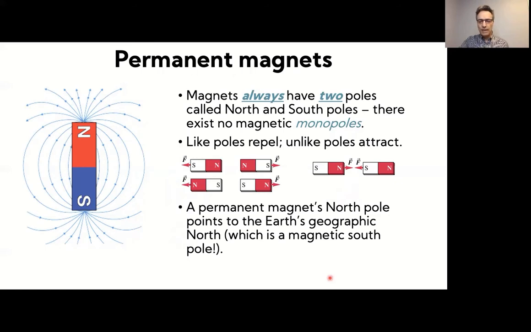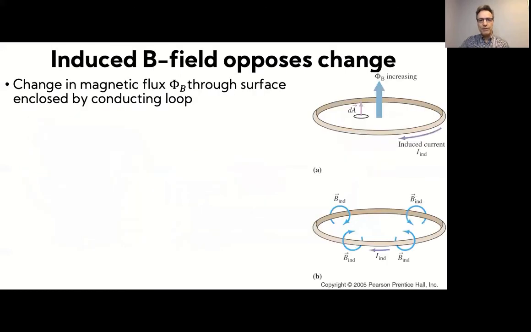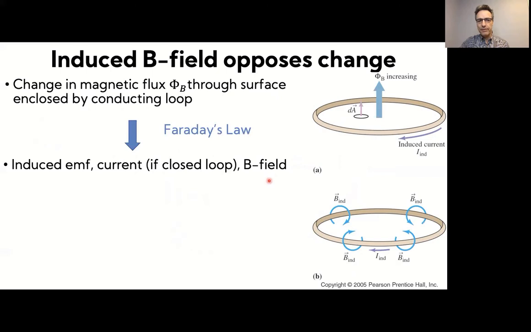That plays a role in the whole phenomenon of induced currents and induced magnetic fields. Consider this loop example that we've seen before. If we change the magnetic flux through the surface enclosed by this loop, Faraday's law tells us that there's an induced EMF, an induced current, and an induced field, at least if we have a closed loop where a current can flow. In this case, if the magnetic flux increases, that means the magnetic field gets stronger in the upward direction.